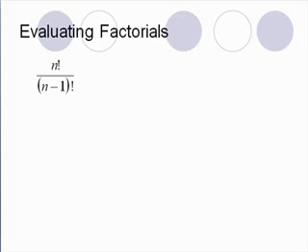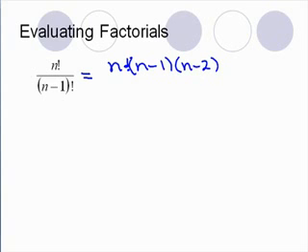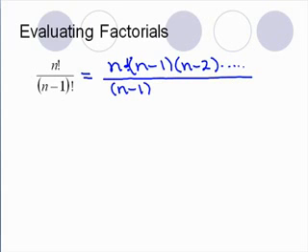Using the ideas from the previous example, if I write out n factorial, it's going to be n times n minus 1 times n minus 2, and you keep going and going like that. Divided by, again we keep counting down, n minus 1 times n minus 2 times n minus 3, and you'll keep going and going.